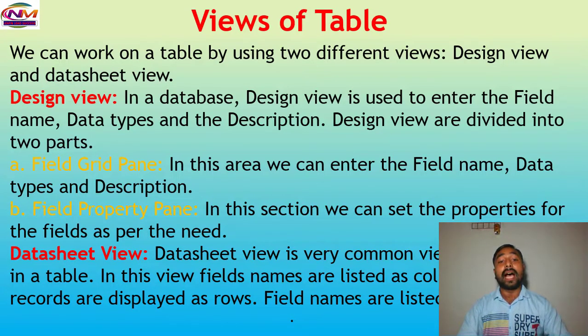In this view, as per the field names, we enter our data accordingly. We have to fill in the relevant content as per each field name. So I'm going to show you practically how to see the different views of a table.